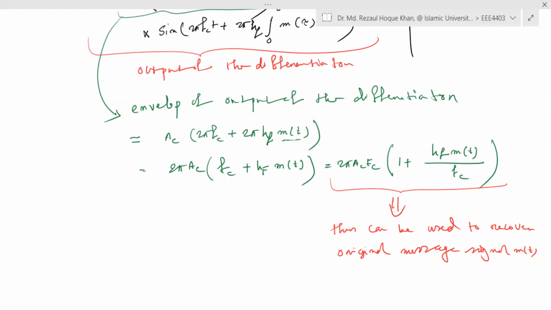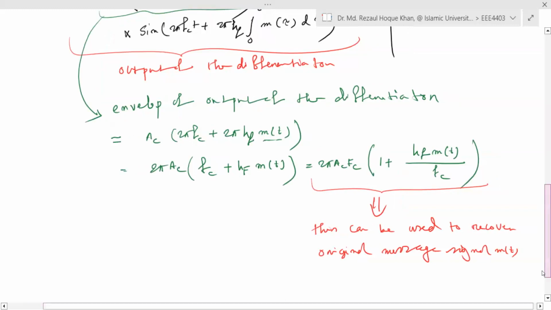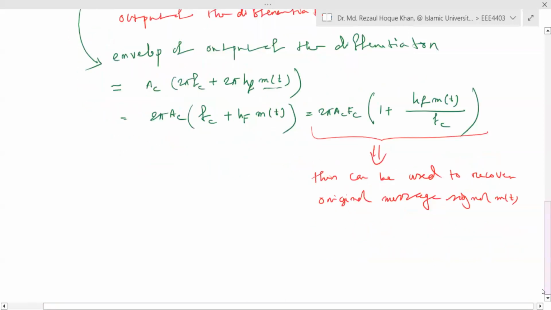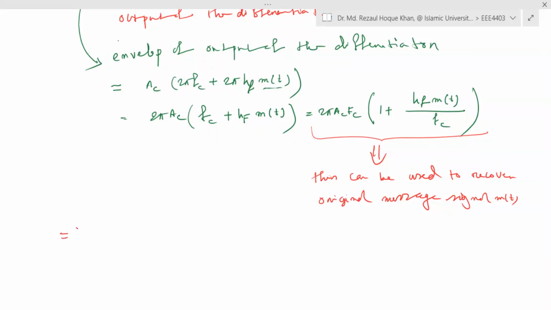Now, to recover this message signal, this will be envelope detection, which is very similar to the detection of our amplitude modulated signal. For successful envelope detection with no distortion, there should not be any overmodulation. That should be highlighted here.